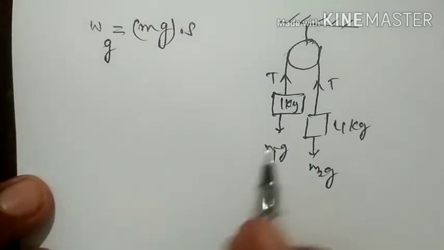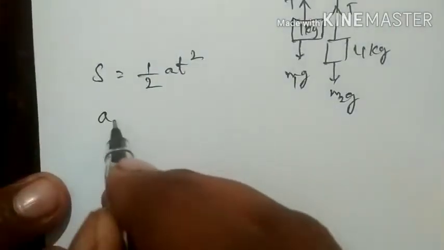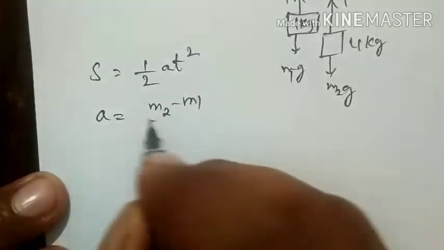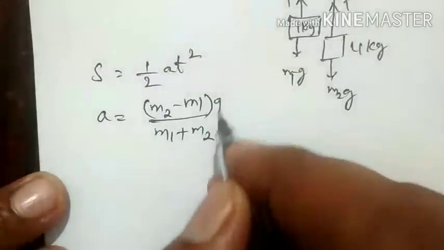For the displacement, what we require is s equal to half a t square, where a is the acceleration of the system. Acceleration of the system is m2 minus m1 by m1 plus m2, into g.